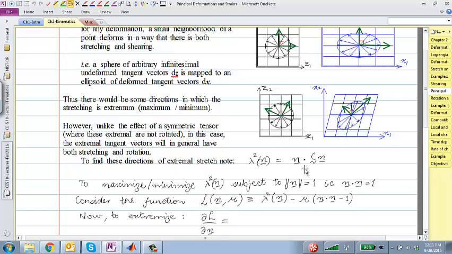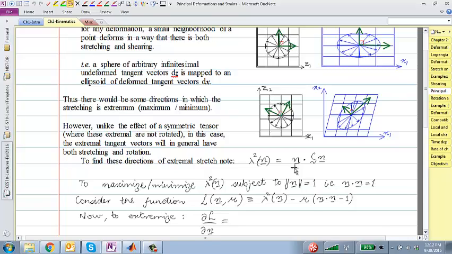If I ask you to maximize a scalar function, how would you do that? Take the derivative, set it equal to 0, right? If you do that, in this particular case, one of the possible solutions is to just take bigger and bigger n vectors. There's no maximum as such.